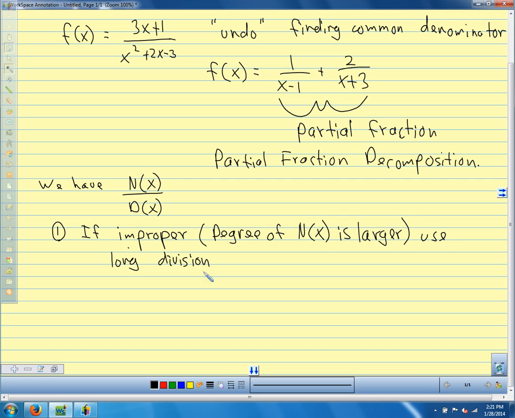And then we have to use partial fractions on the part, not the part that's above our division sign, but on the remainder divided by the divisor.